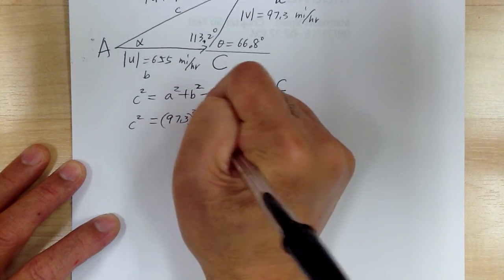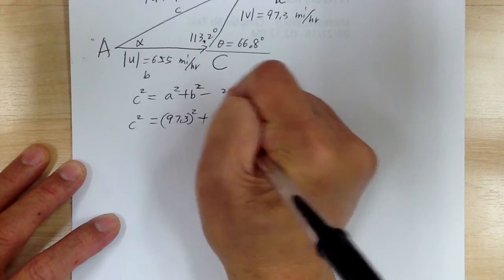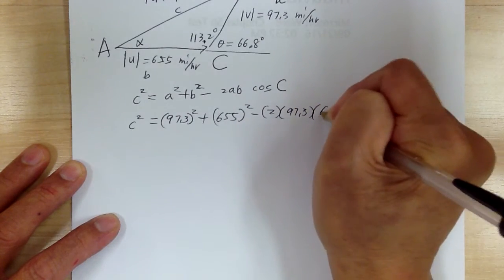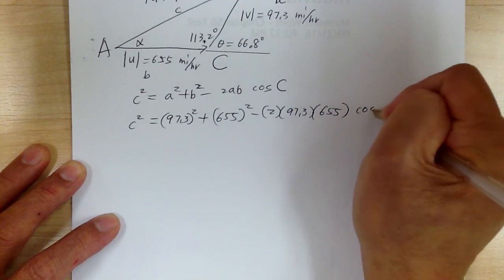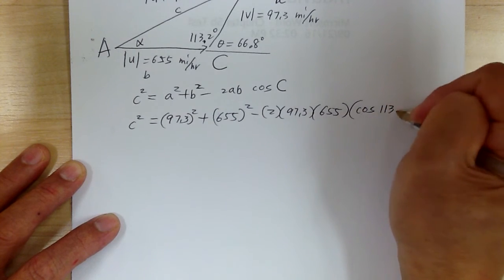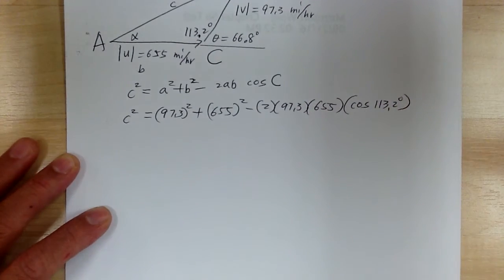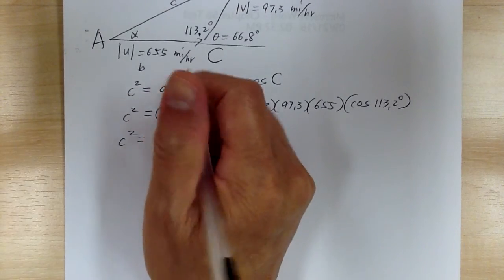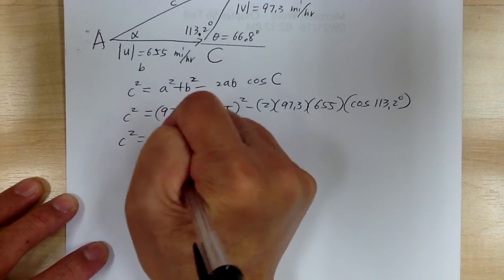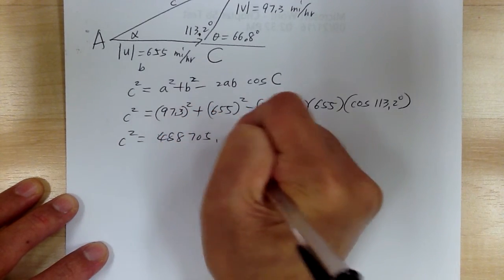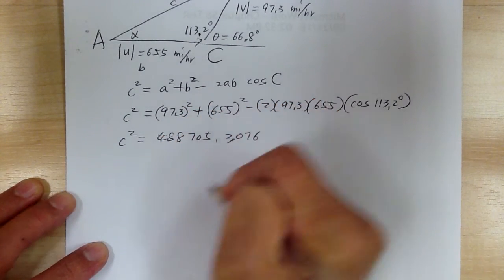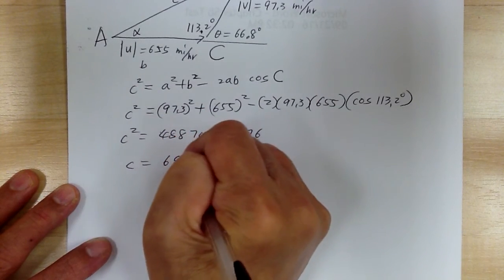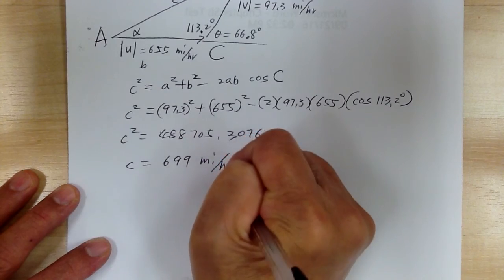So c squared equal to 488,705.3076. And so take the square root. So c equal to 699 miles per hour.